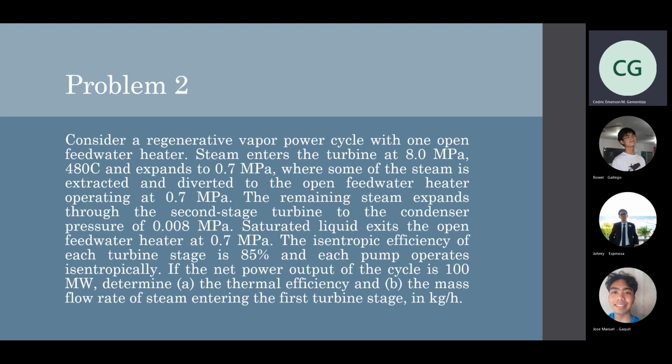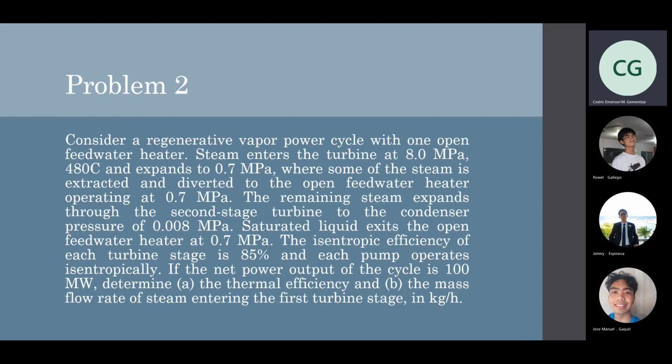The remaining steam expands through the second stage turbine to the condenser pressure of 0.008 MPa. Saturated liquid exits the open feedwater heater at 0.7 MPa.